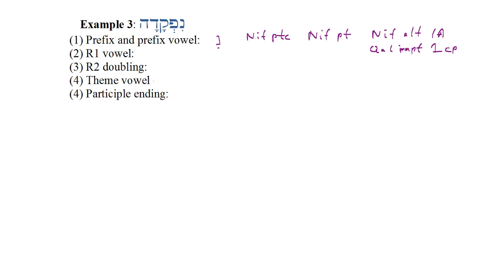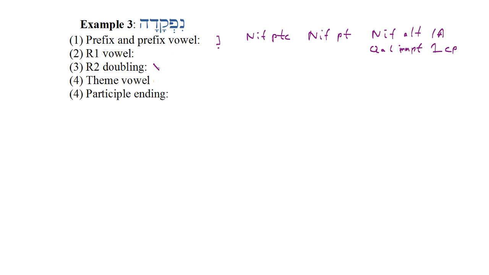Technically, nun plus hireq could be a Niphal imperfect first common plural, but I cheated and already looked at R1, and a Niphal imperfect would have to have R1 doubling and an R1 vowel of qamets. So I've ruled that one out by looking at the prefix and R1 at the same time. That is, I see nif, and that's how you can approach it. So we need to look at the R1 vowel. The R1 vowel in this case is consistent with all of these: the participle, the perfect, the infinitive absolute, or the first common plural. So those go together.